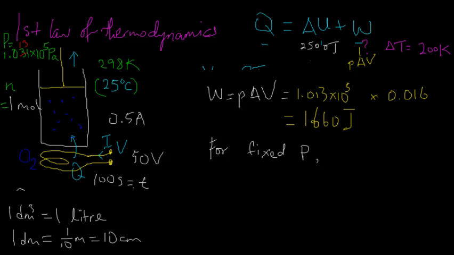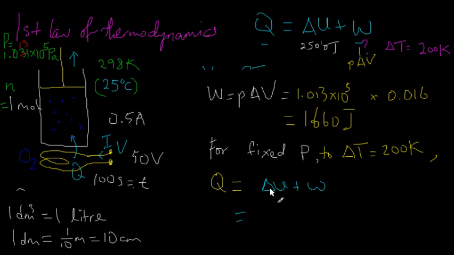So for fixed pressure, the heat needed for this increase in temperature of 200 Kelvin is, according to the first law, change in internal energy plus the work done. So just copy it out again.